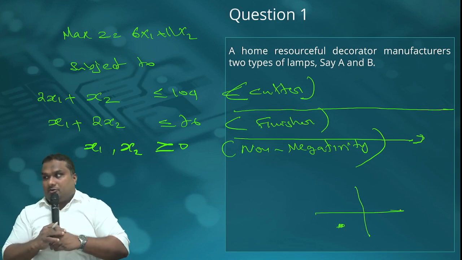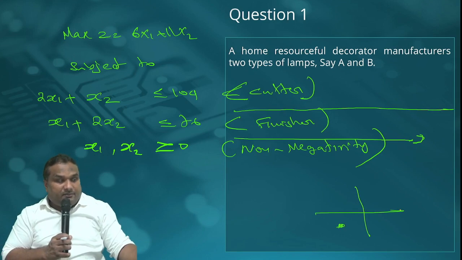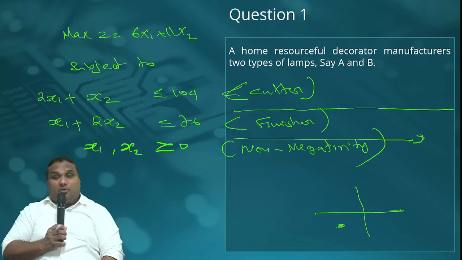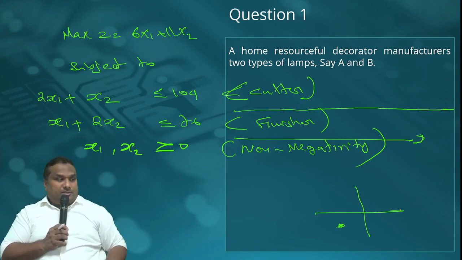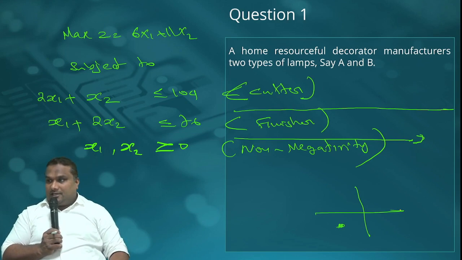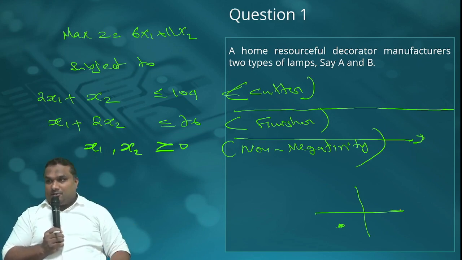But production will never ever be negative. Production will always be positive. Correct? Incorrect?